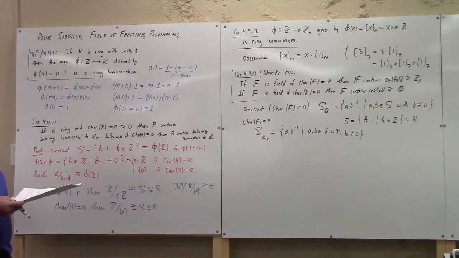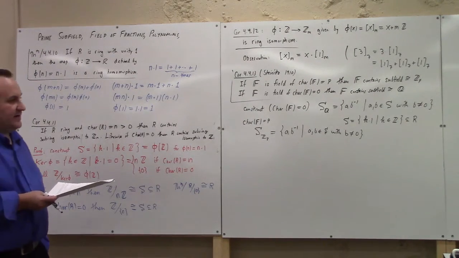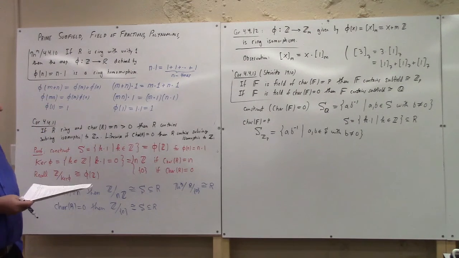And you can prove that those sets that I just wrote down are isomorphic to Q and to Z mod p.